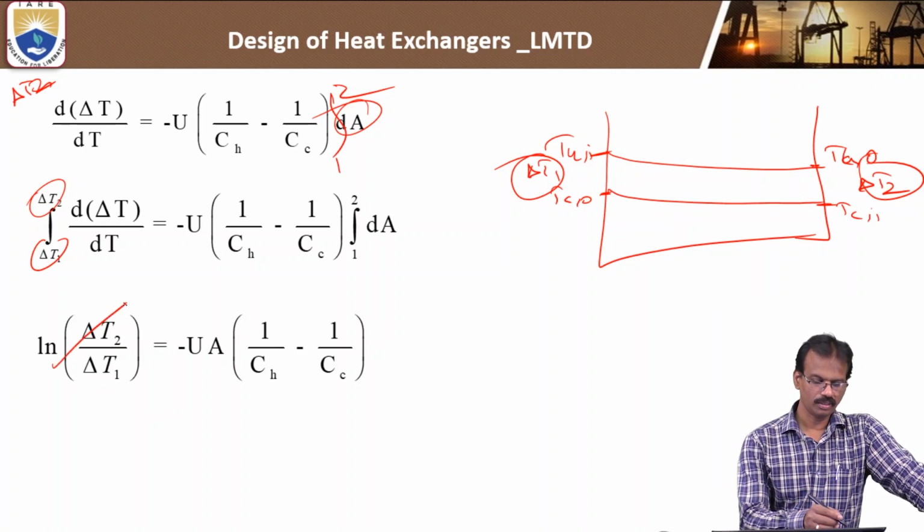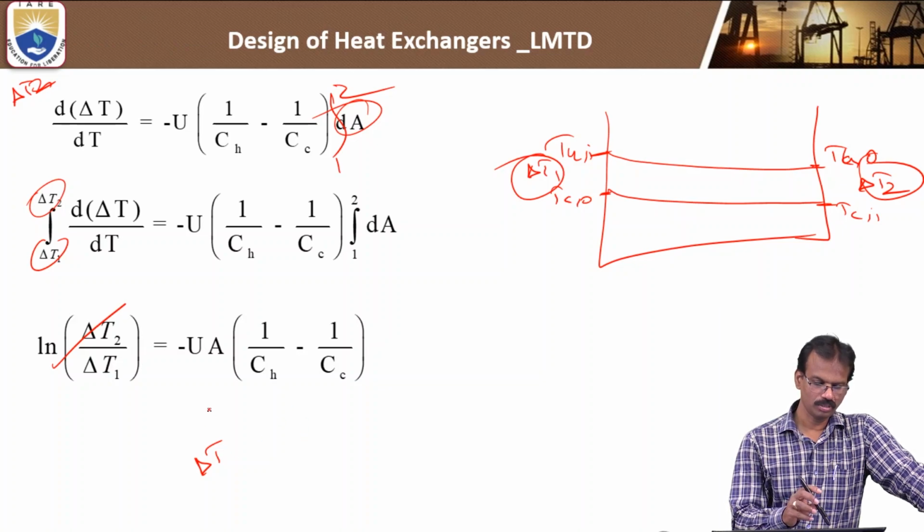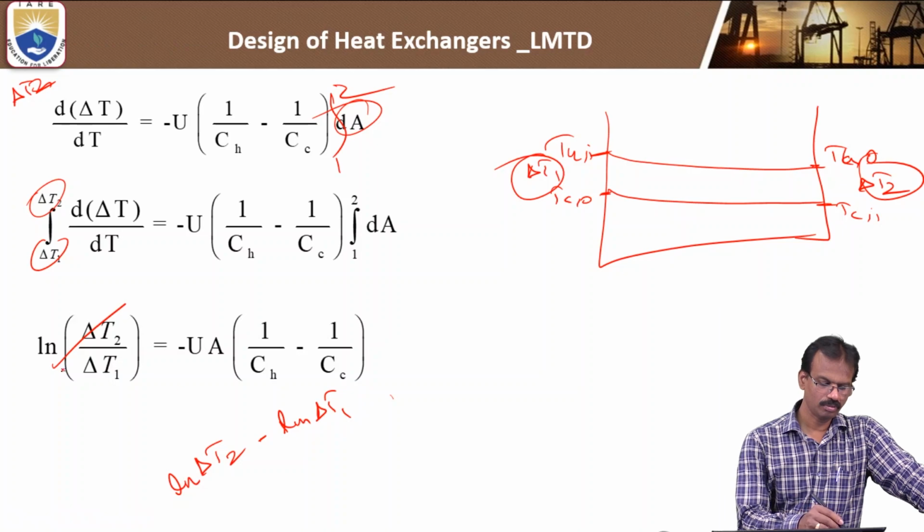So the integral of that one is equal to delta T. If you apply these limits, we get ln delta T2 minus ln delta T1. Okay. So if you rewrite like this one, you will get this formula.